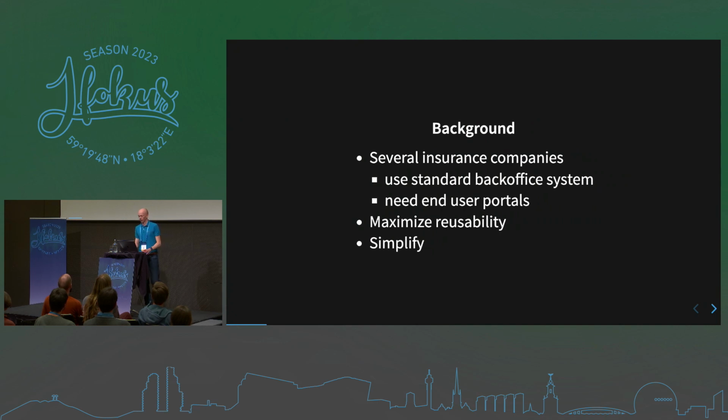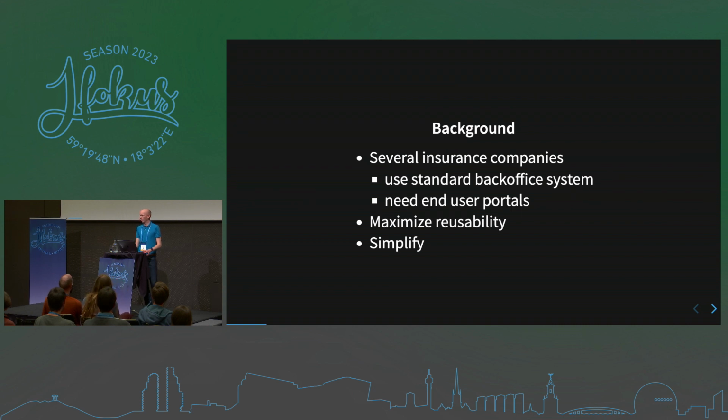We got involved in a project where several insurance companies use the same standard back-office system, but they needed a simple end-user portal to be able to show basic insurance information. And this is life and pension insurance information for their end users.